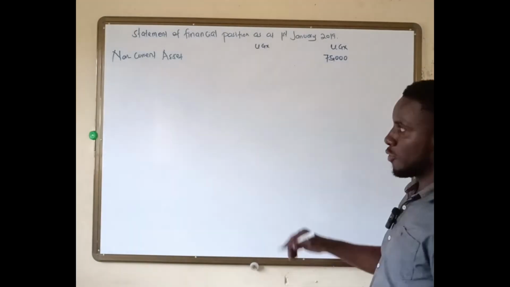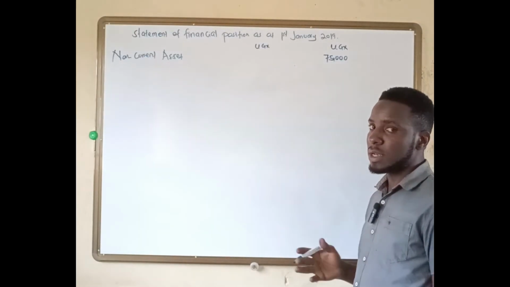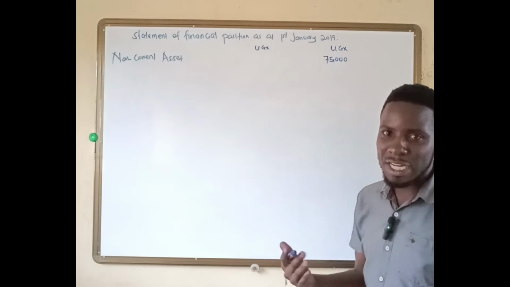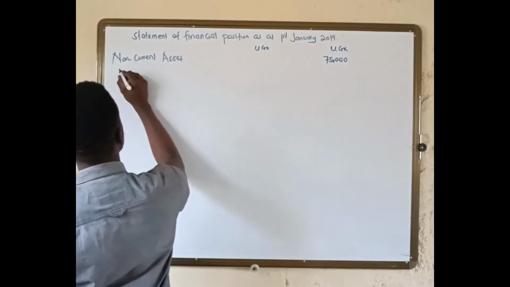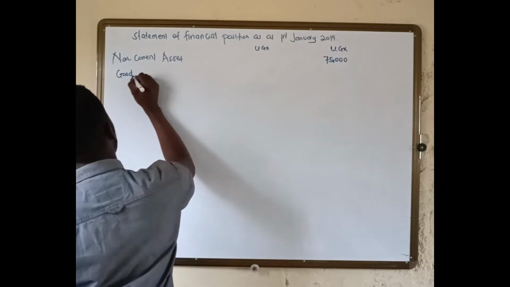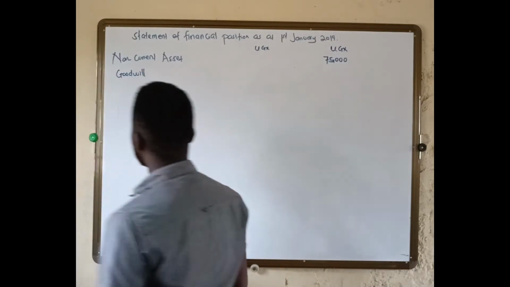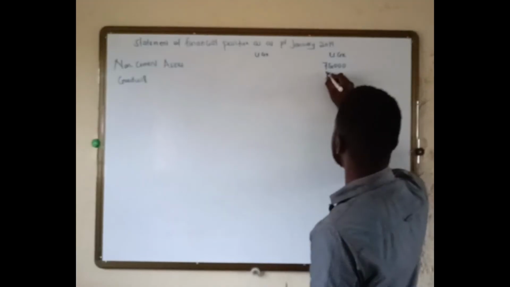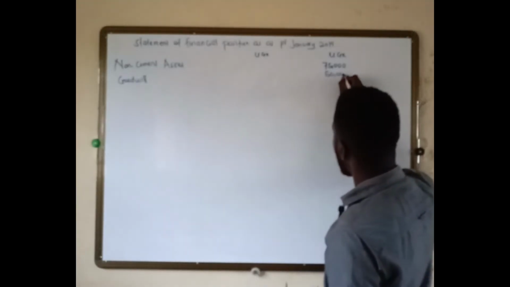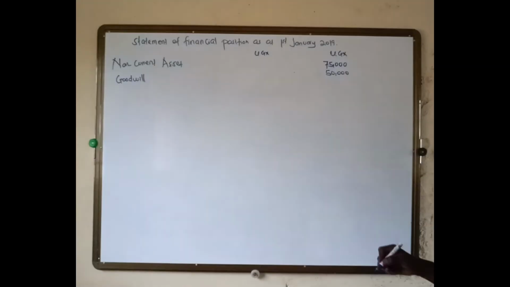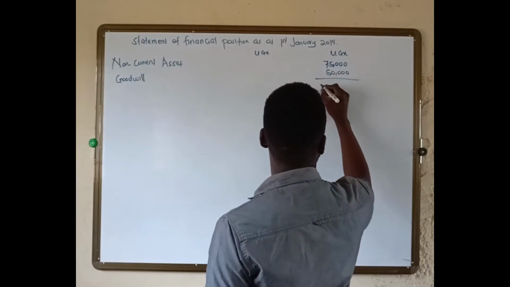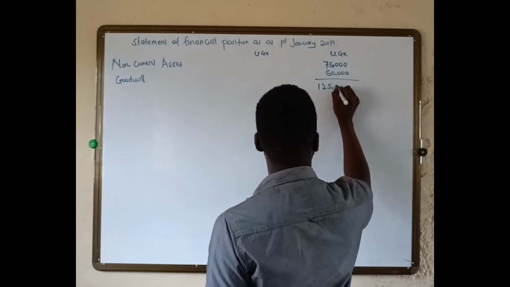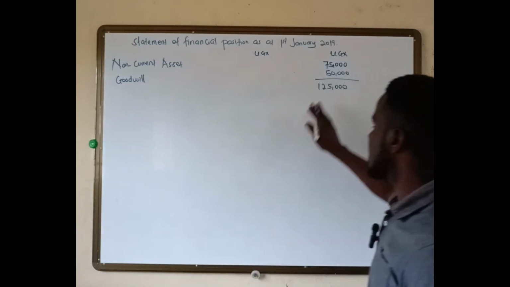Now this is not enough on the assets. Remember, we accounted for goodwill, and I told you that goodwill is an asset. So we say goodwill, and our goodwill was worth 50,000, like you can see. When we add this, this is the amount that we have.